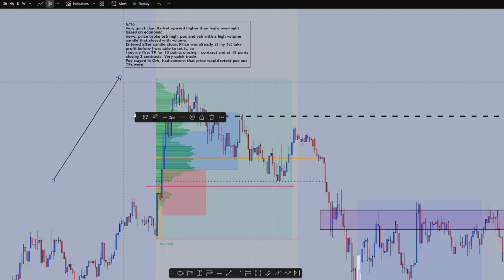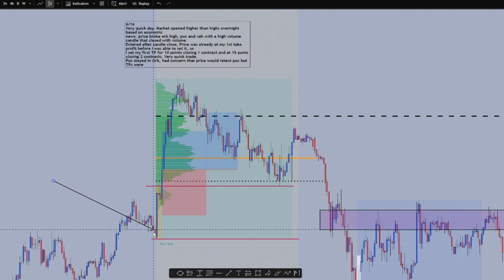All right, so basically what happened was, we have the 15-minute ORB right here. We have the ORB high right here, ORB low right here, and this 5-minute candle had a lot of volume, and at the time it closed above the 15-minute high, and it closed above value area high and the point of control.